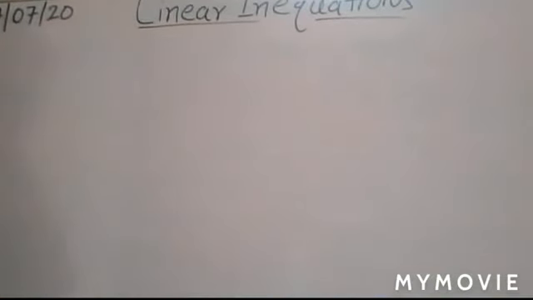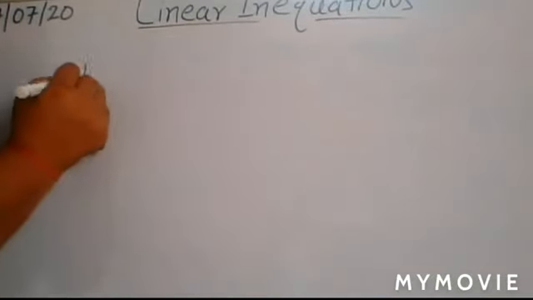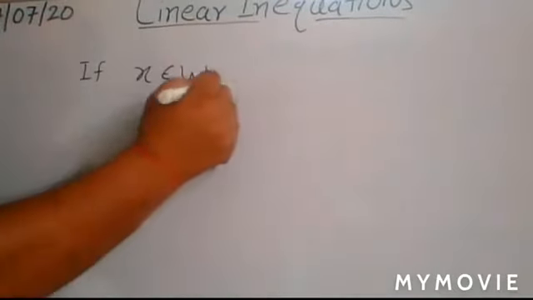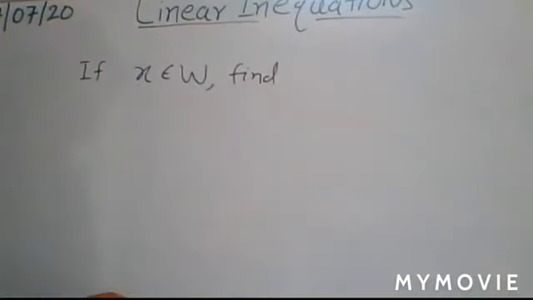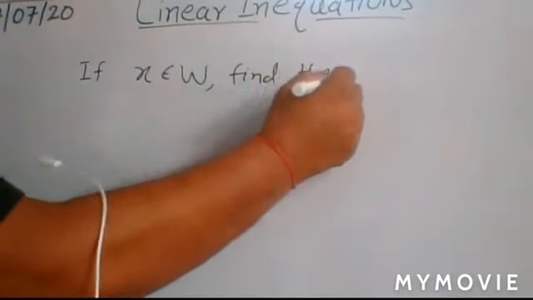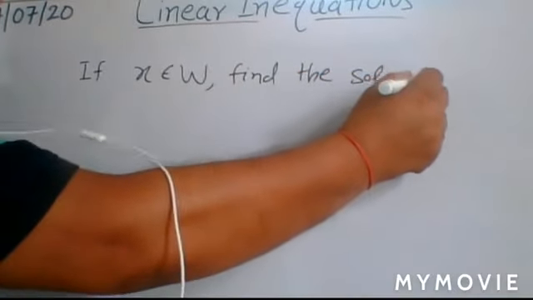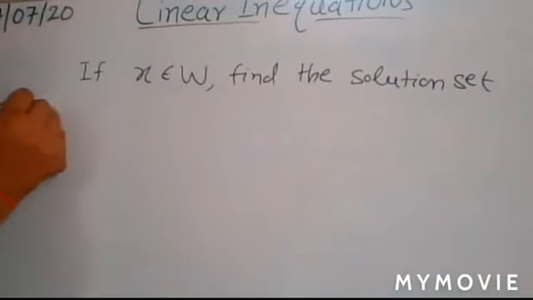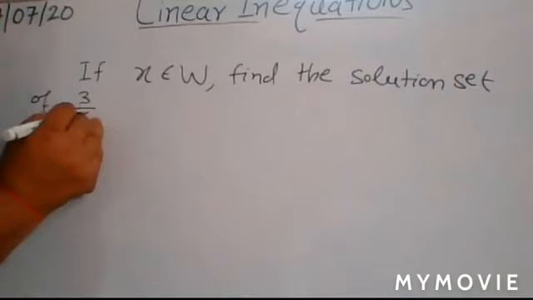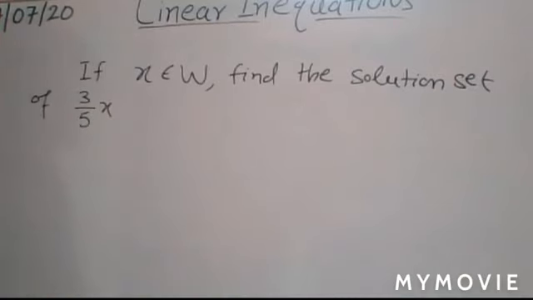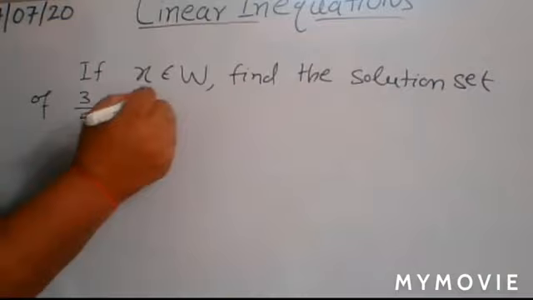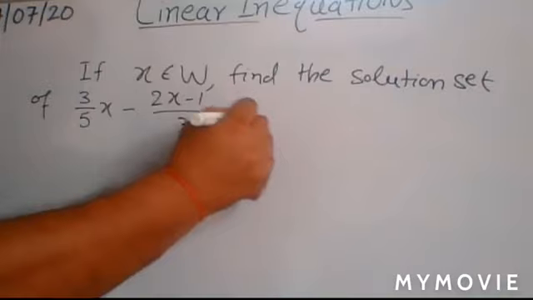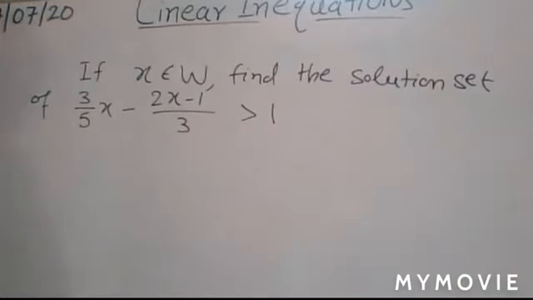If x belongs to W, whole number, find the solution set of 3 upon 5x minus 2x minus 1 upon 3 greater than 1.